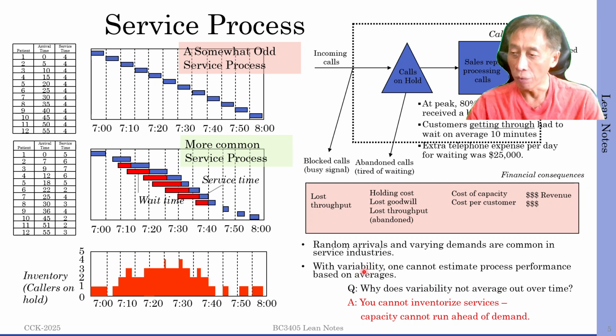With variability, one cannot estimate process performance based on the averages anymore because it will be rather difficult. Average is not the only measurement, because queues will form.